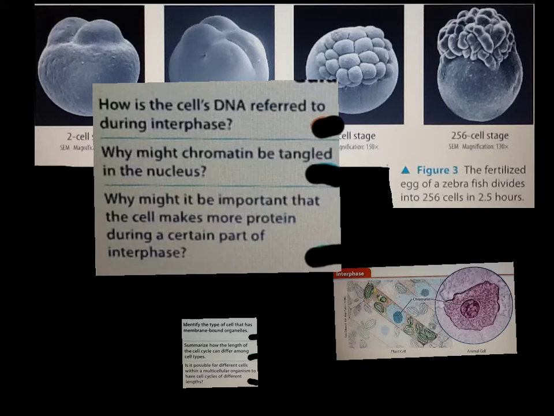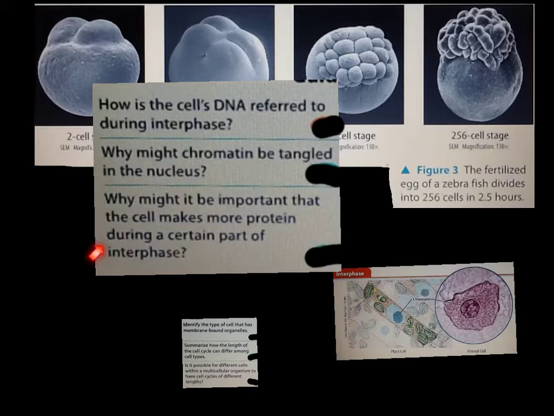For you to understand each phase of the cell cycle, you must know about the important cell functions that prepare the cell for mitosis and take place during interphase. So what I want you to do is pick one of these three questions to write in your science journal, and answer them, so we can talk a little bit more about it back in class.